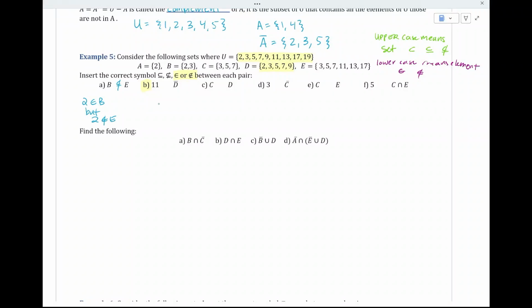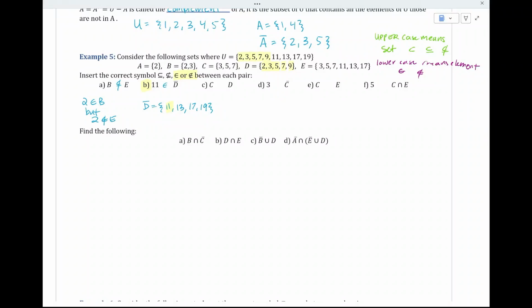D complement is going to be everything that's in U that's not in D. So let's see, D has 2 and 3 and 5 and 7 and 9. So D complement is going to be 11, 13, 17, and 19. And I'm seeing that 11 is in D complement. 11 is an element of D complement.